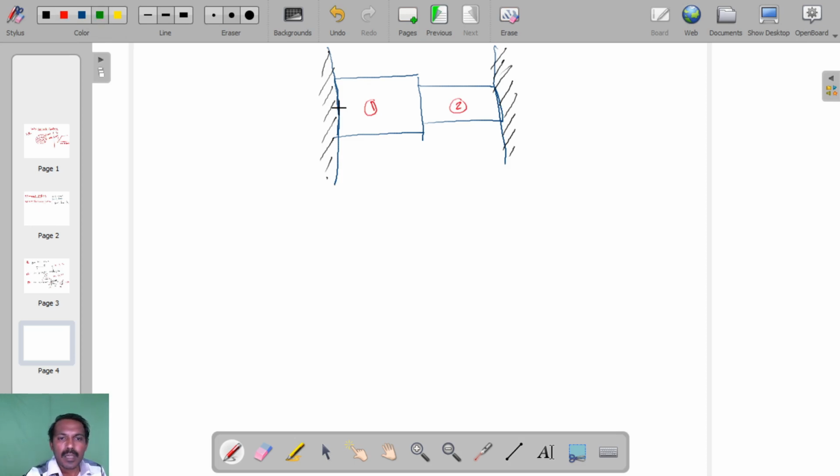Each element has nodes u1, u2, u3. So there are two elements and 3 nodes.